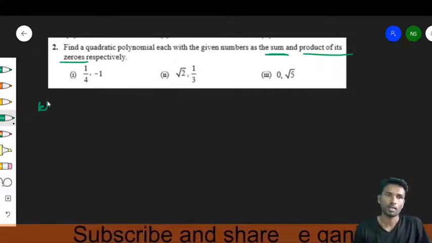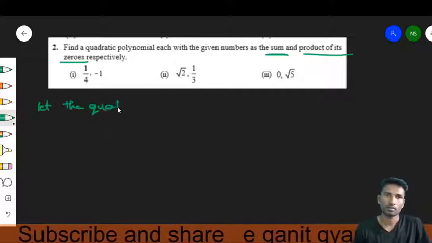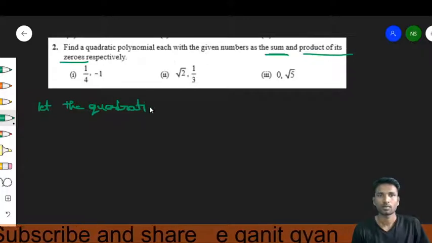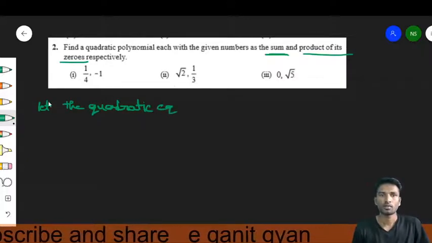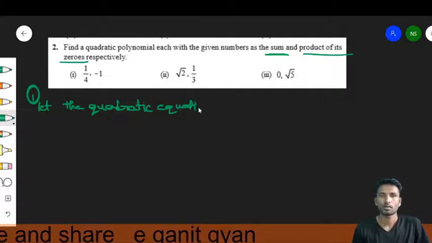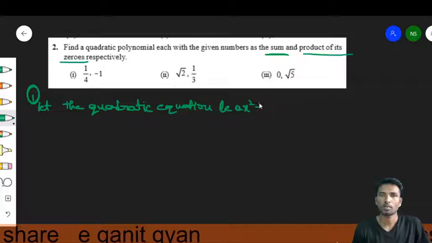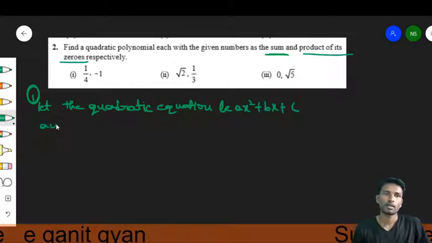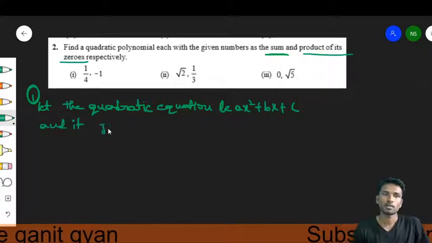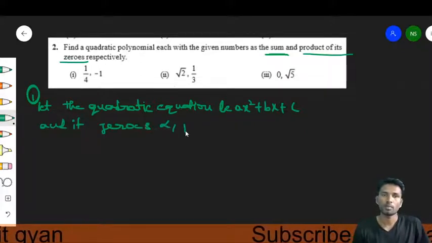I will assume here, let the quadratic equation, this is for the first question, be ax square plus bx plus c, and its zeros I am taking as alpha and beta.